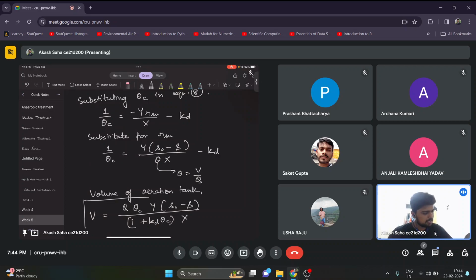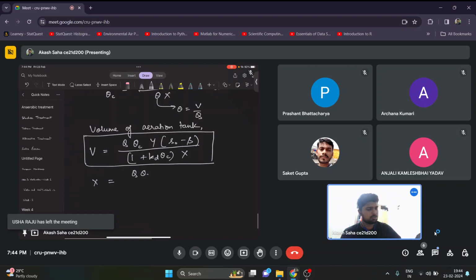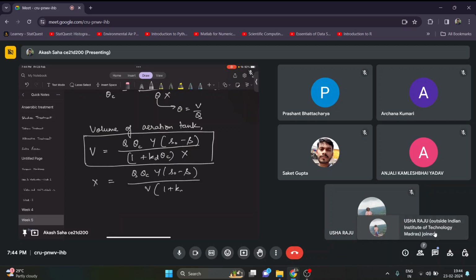So this is my ultimate simplest equation. So from here we can find the volume of aeration tank, or anything. If we want to find x, we will write x equals Q theta c Y into S naught minus S, divided by V into 1 plus kd theta c.